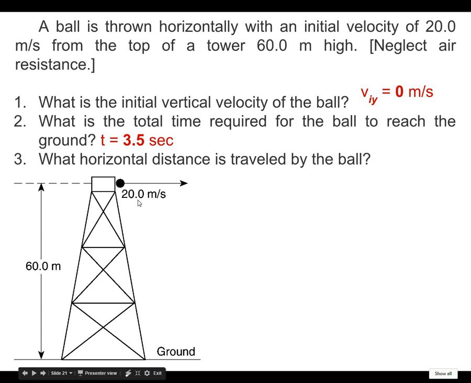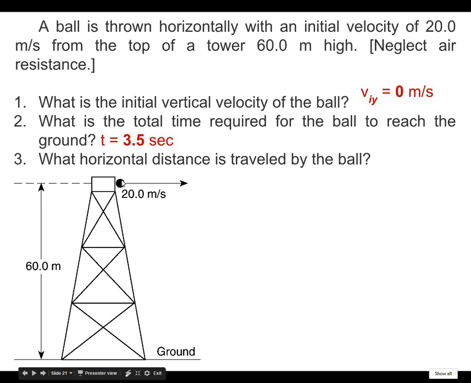I want you to realize that this time of 3.5 seconds falling of this ball to the ground would not be affected by an increase or decrease in mass of the ball, nor by a higher or lower initial horizontal velocity. This ball could have been shot away from this tower at a huge speed, for example 100 meters per second or 10,000 meters per second.